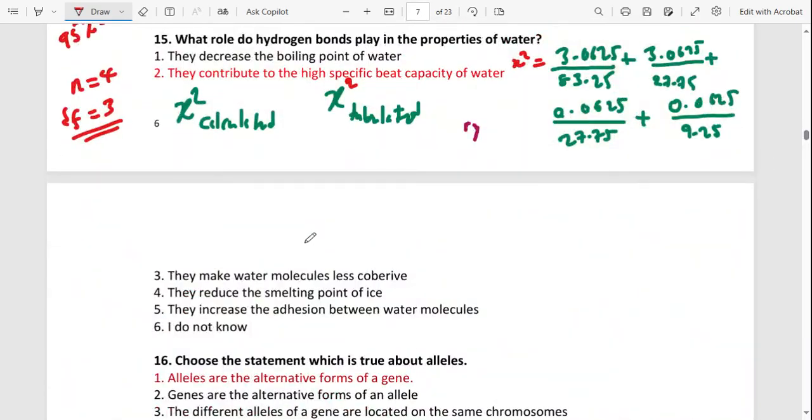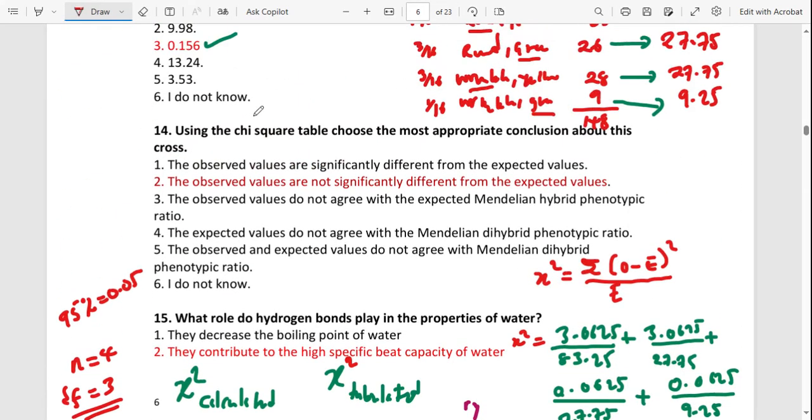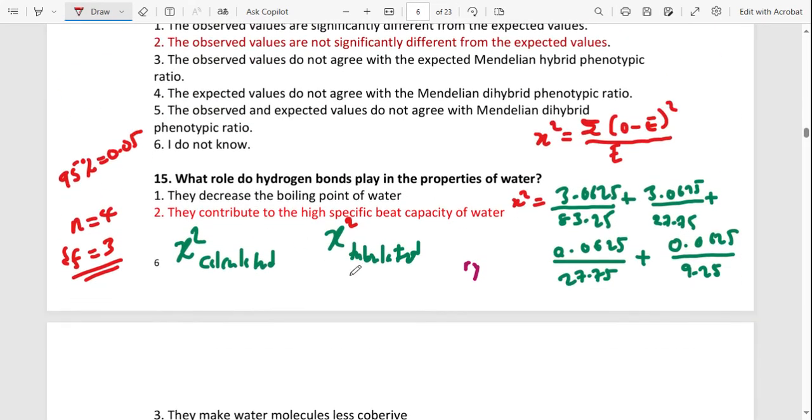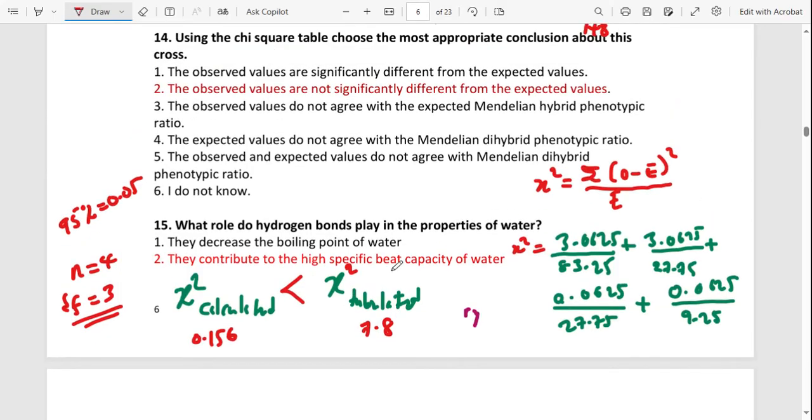So the value that we have calculated is 0.156. That's calculated, 0.156. The one on the table is 7.8. So can you see that the one we have calculated is less than the one that is on the table? Every time what we have calculated is smaller than what is on the table, it means that there is no significant difference.